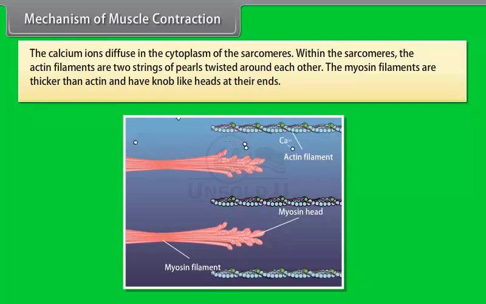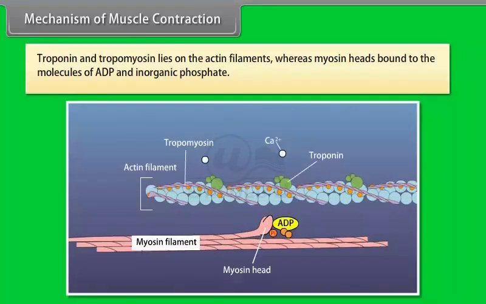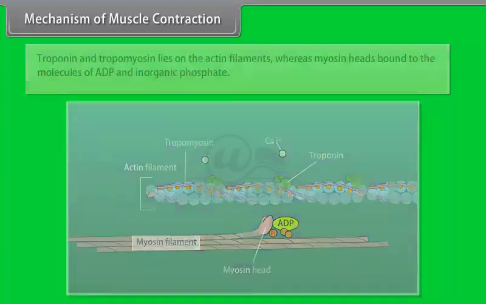Within the sarcomeres, the actin filaments are two strings of pearls twisted around each other. The myosin filaments are thicker than the actin and have knob-like heads at their ends. Troponin and tropomyosin lie on the actin filaments, whereas the myosin heads are bound to molecules of ADP and inorganic phosphate.